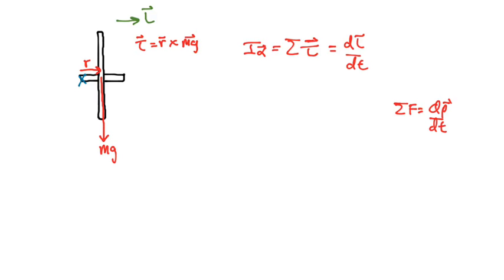Now, if I hold this on one end, it precesses in the direction of the torque. I grab the other side, it'll go the other way because I changed the direction of the radius.